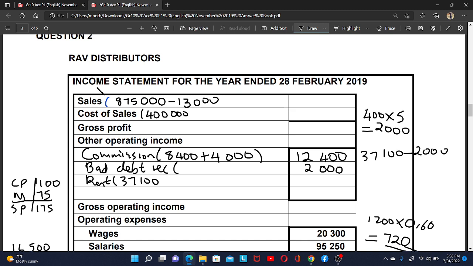So that we're going to know how much is a month before there was an increment. So we're going to say divide by 18 because this rent includes the rent for March.